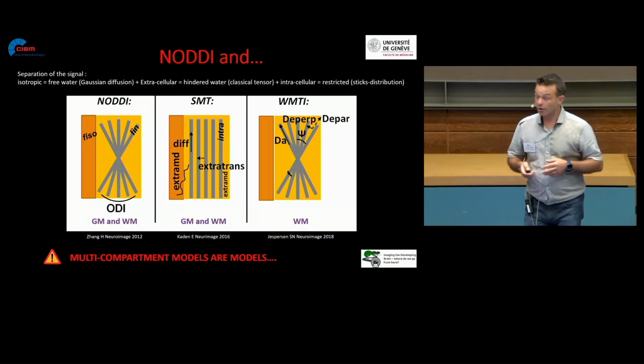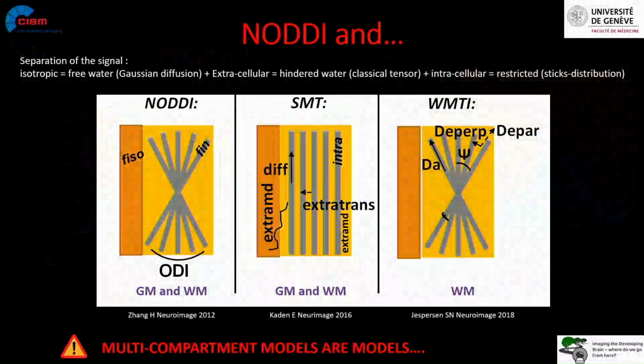There's the spherical mean technique, where you have access to the diffusivity value inside the axons and the extra perpendicular to the axons, and the white matter tract integrity, which is a bit more demanding, but you have roughly the parameters of this one and this one, because you also have this angle which corresponds roughly to the ODI.